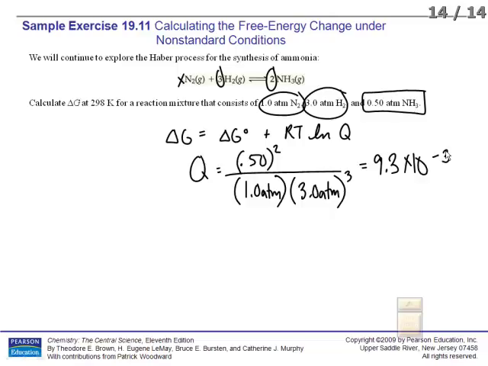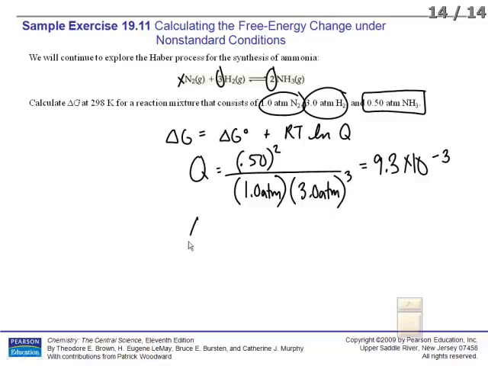The formula, we got to get the delta G standard for this reaction. In order to get the delta G standard, we're going to have to look at all of this good stuff. So in sample exercise 19.9, which we did not do, we calculated delta G. Otherwise, you'd have to grab all the information from the appendix and fill it in, but we'll just pretend that you guys looked at that.